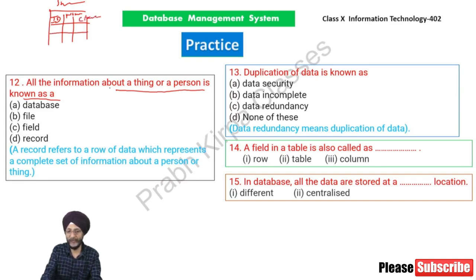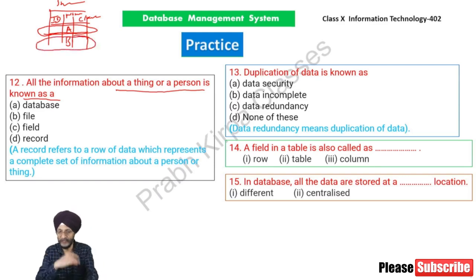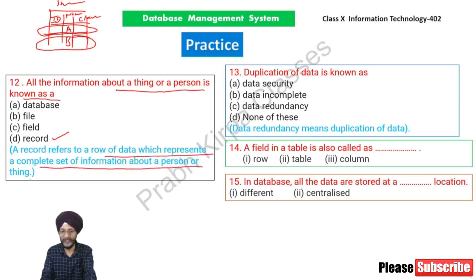So all the information about the thing, suppose this is one particular person A, this is person B. All the information in respect of A is mentioned in a particular row. All the information in respect of B is mentioned in the next row. So what is called a row is called a record. A record refers to a row of data which represents a complete set of information about a person or thing.